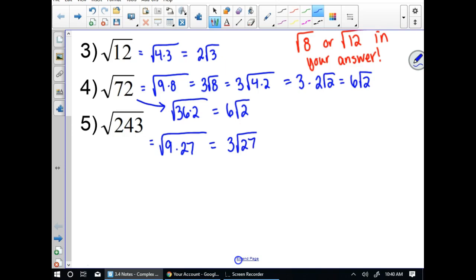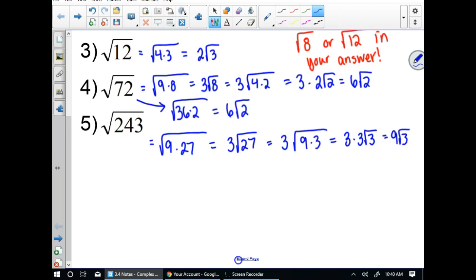Will 27 break down? What can I break 27 into? 9 and 3. So I could make that 9 and 3, which means I'd have 3 times 3 square root of 3. If I multiply the 3 times 3 that's on the outside there, I get 9 square root of 3.